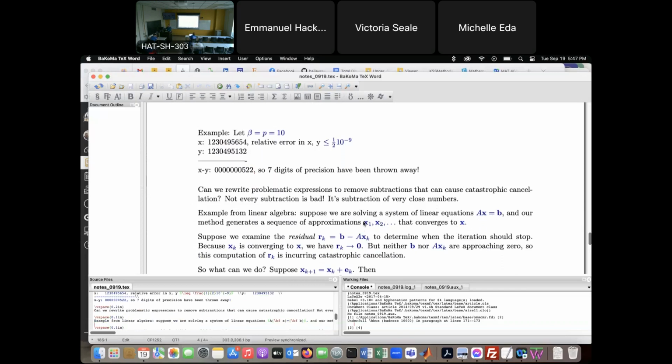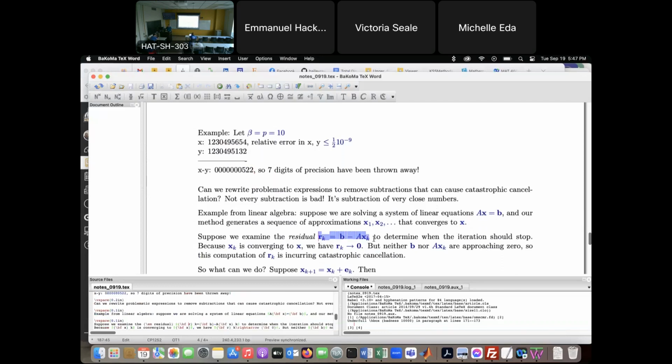So every time you compute a new x, like a new xk, you compute what's called a residual, b minus Axk, because if xk is equal to the exact solution x, the residual will be 0. Because b minus Ax is 0.